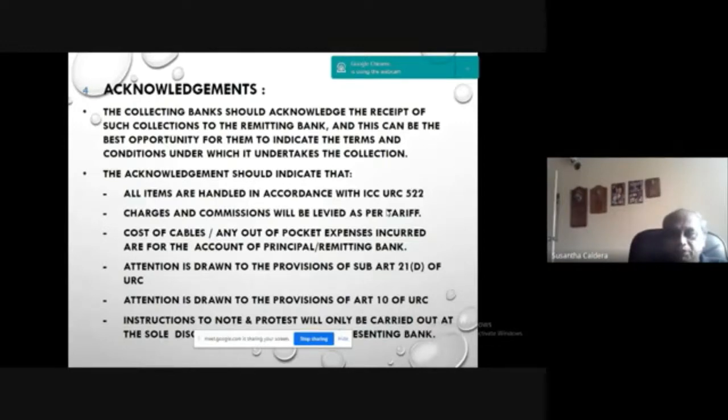Charges and commission will be levied as per tariff, cost of cables, and so on. Attention is drawn to the provisions of sub-article 21B of URC and Article 10. Article 10A on storing and insurance, that we will not do. Noting and protesting, we will not undertake.